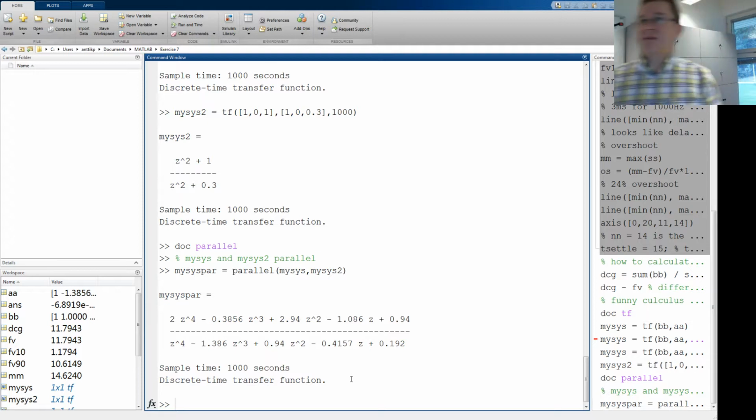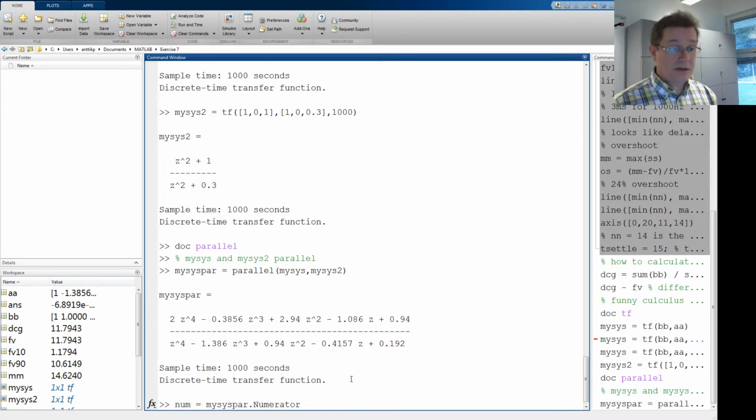If you want to get the numerator and denominator back, so you can do, for example, the step response or impulse response or frequency response, you can get it like this. Numerator equals minus parameter numerator.